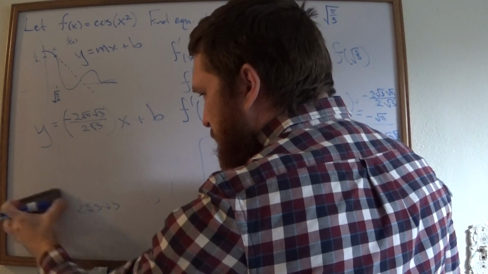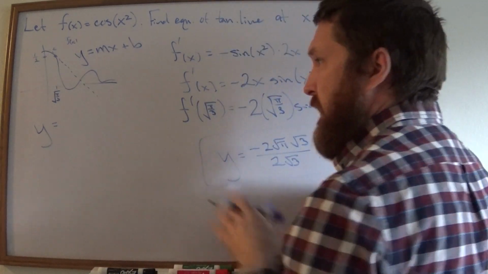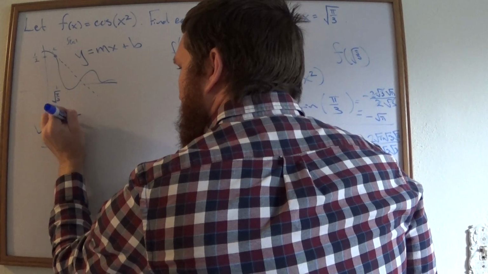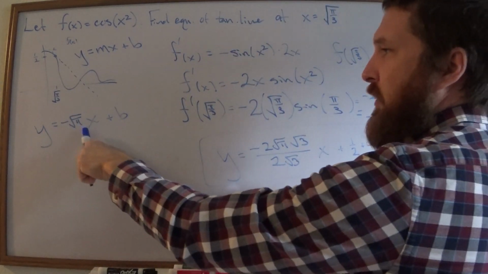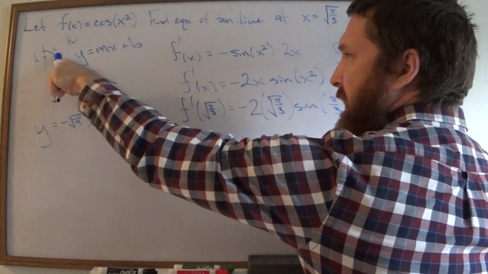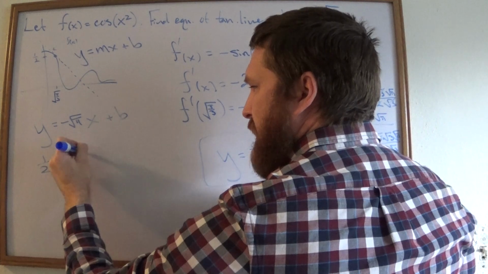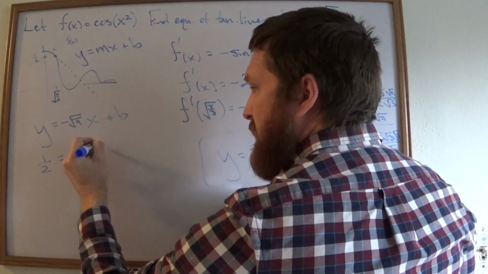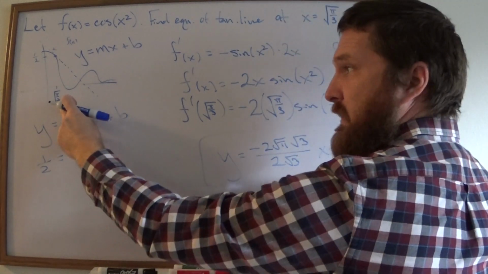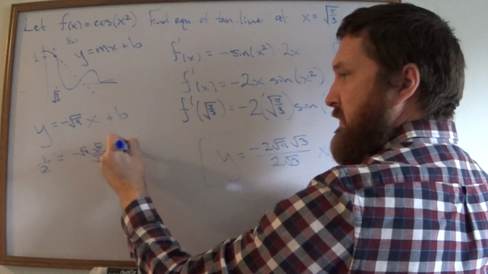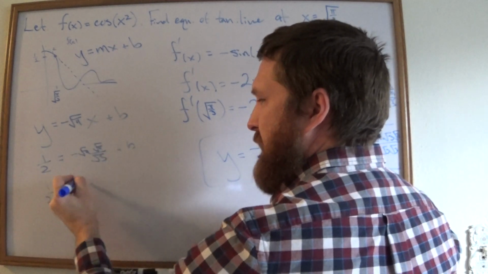You'd come over here and say, okay, now y equals minus root pi x plus b. And I know when I plug in my root, I get out that 1/2 equals minus root pi times root pi over root 3 plus b. This is kind of nice because the root pi's become just pi.